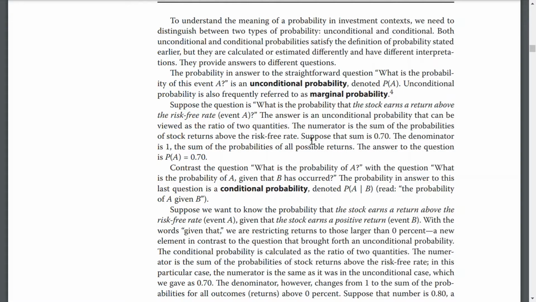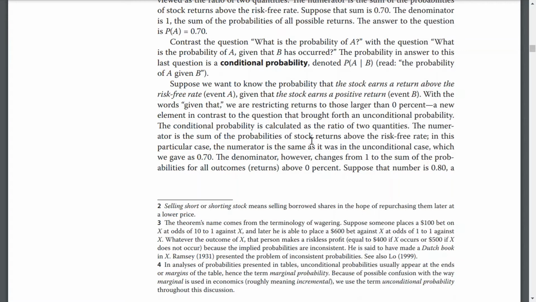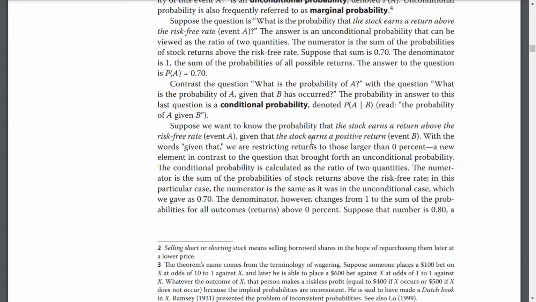The answer is an unconditional probability that can be viewed as the ratio of two quantities. The numerator is the sum of the probabilities of stock returns above the risk-free rate. Suppose the sum is 0.7. The denominator is 1, the sum of the probabilities of all possible returns. The answer to the question, the probability of A, is 0.7.